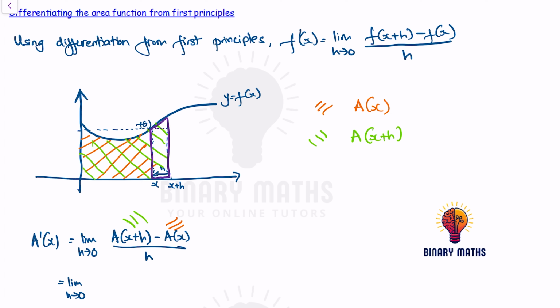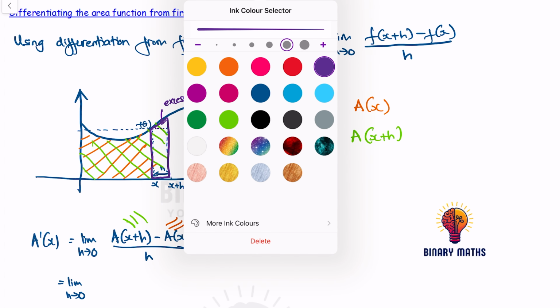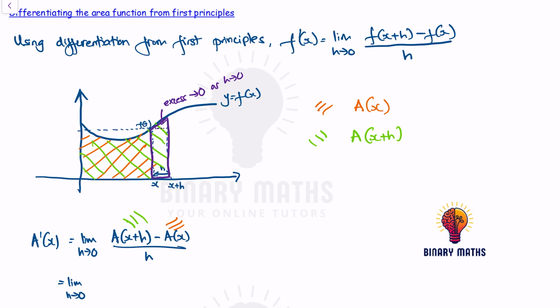Okay, now this is the excess part, this triangular part, which tends to 0 as h tends to 0. So it will disappear, that part. So all we're left with is really that rectangle, which is just length times width, which is f of x times h, because that triangular part will disappear as we make h closer and closer to 0.